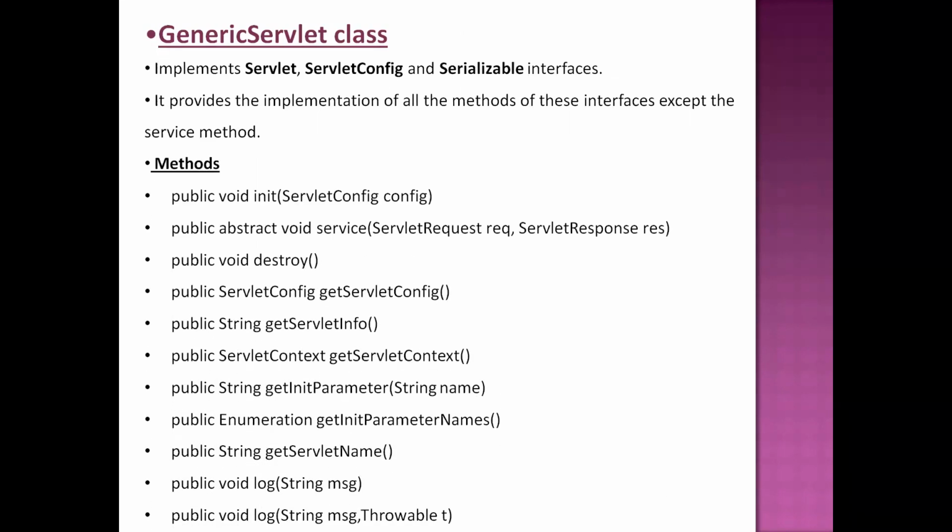Now see the methods available in the GenericServlet class. The init method, service method, destroy method, getServletConfig, getServletInfo: these 5 methods are inherited from the Servlet interface. The getServletContext, getInitParameter, getInitParameterNames, and getServletName methods are inherited from the ServletConfig interface. And the last one, the log method, is implemented from the Serializable interface.